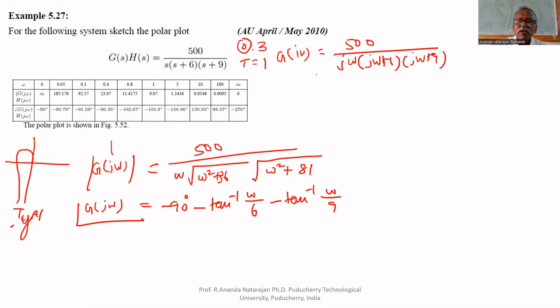Therefore, the angle of G of j omega equals, for 500, angle 0; for j omega, minus 90; minus tan inverse of omega by 6, imaginary part by real part; minus tan inverse of omega by 9.